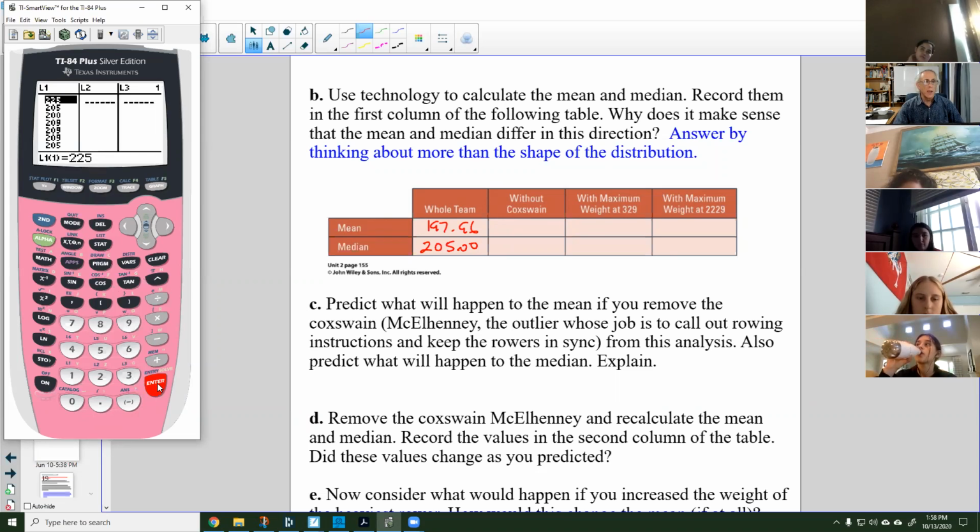Hit enter, and bingo, there's my rower's weight data, right? And I can do anything I want with that data now. I can delete things, I can add things, I can change things, which we're going to do in a minute. And my rower's weight data is still safe in the calculator. I'm just messing with a copy of the rower's weight data.